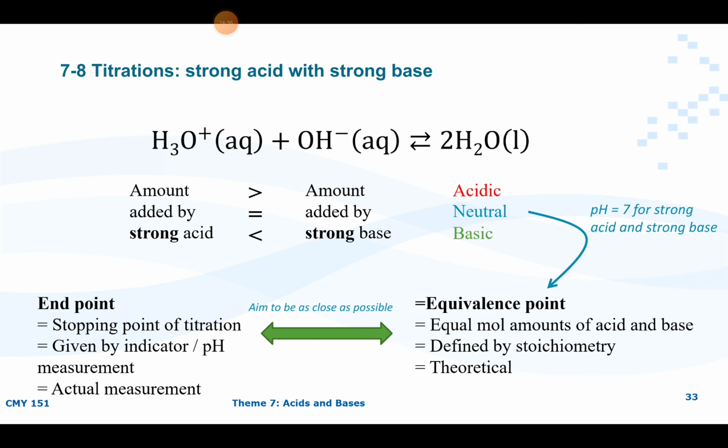However, in practice, we do measurements. So that means you use a burette, which only has maybe 2 significant figures. So you won't get the exact same mole amount, which means our endpoint is the best possible point that we can notice the change in pH, whether using a color indicator or a pH meter, that we can say the reaction has been neutralized in this case.